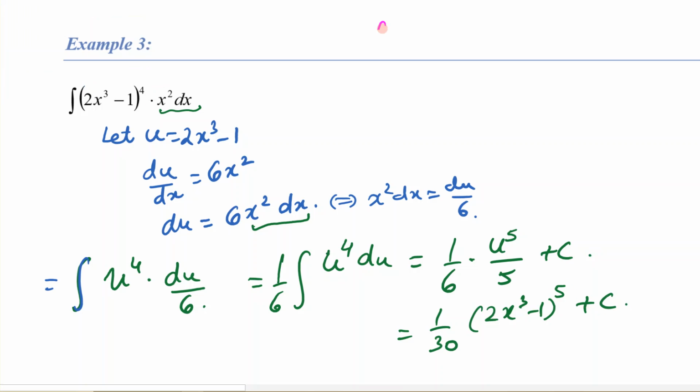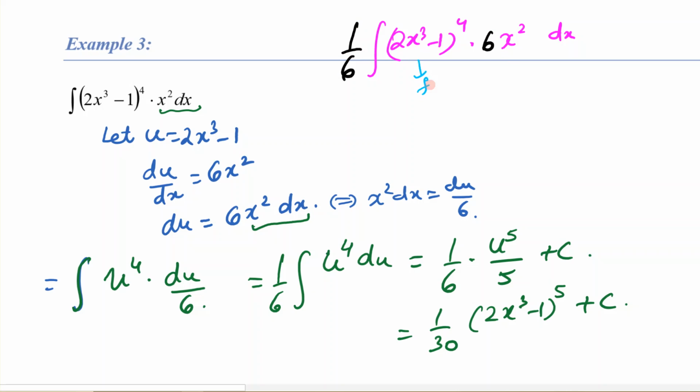So we had (2x cubed minus 1) raised to power 4 times x squared dx. And if you think about the derivative of 2x cubed minus 1, that would be 6x squared. So in order to make the derivative, you add a 6 and you multiply by a 6 and divide by a 6. So now you have something of the form a function raised to power 4 and the differential of the function.